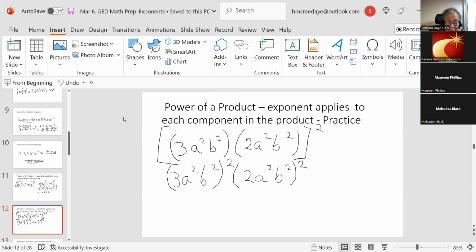Remember, Mercedes, you've got to apply this exponent to the 3, the a to the second, and the b to the second. You've got to apply the exponent 2 to the 2, to the a to the second, and then to the b to the second. Then multiply the result. Apply the exponent to the coefficients and apply it to the variables.